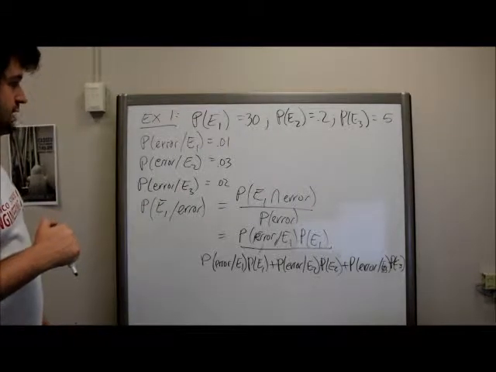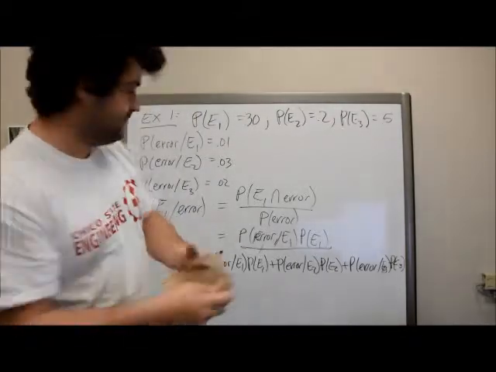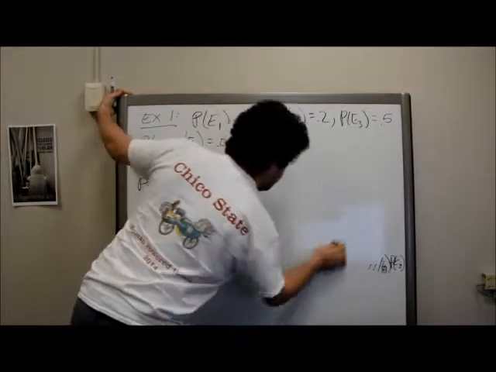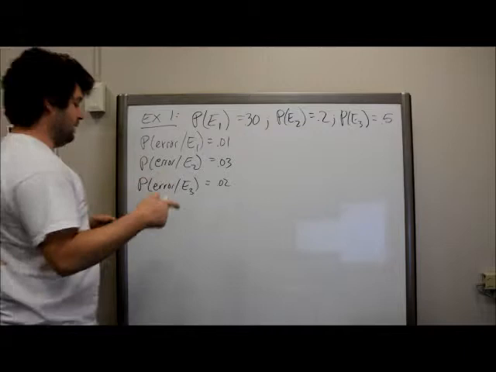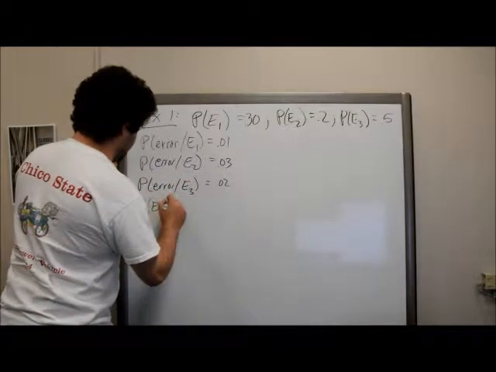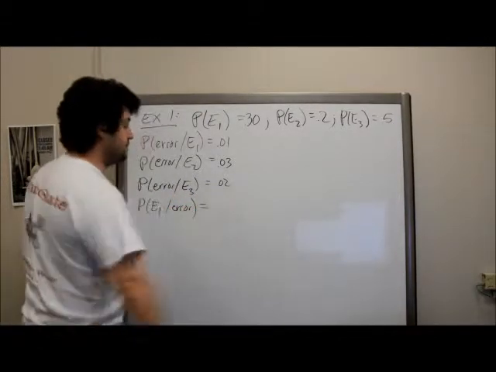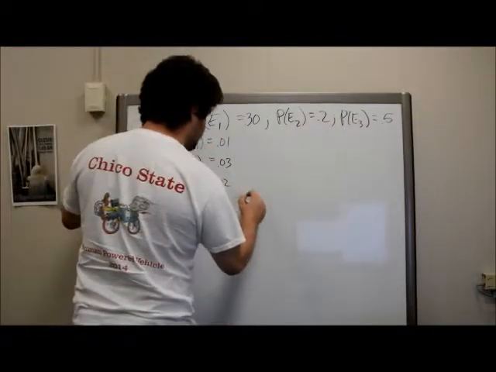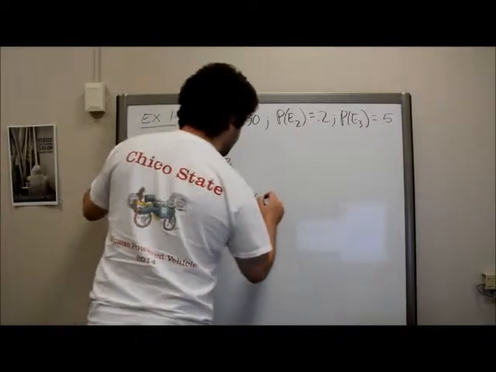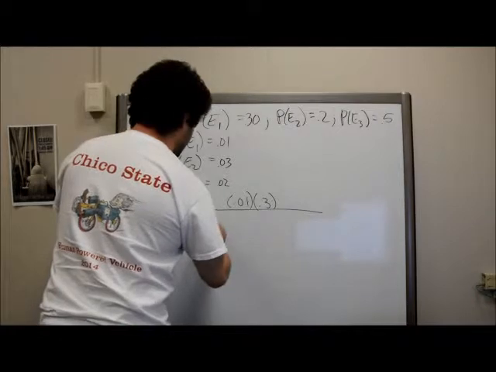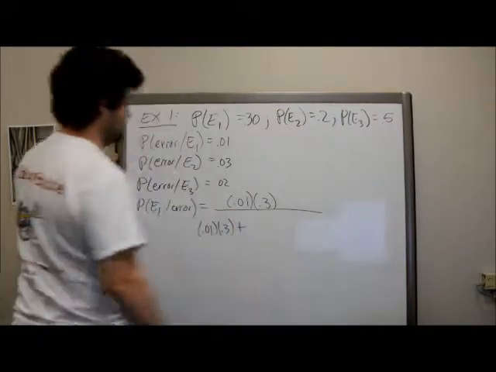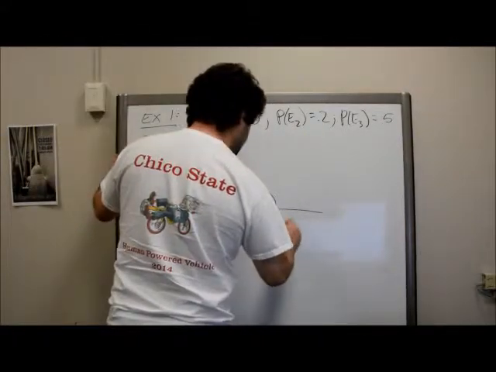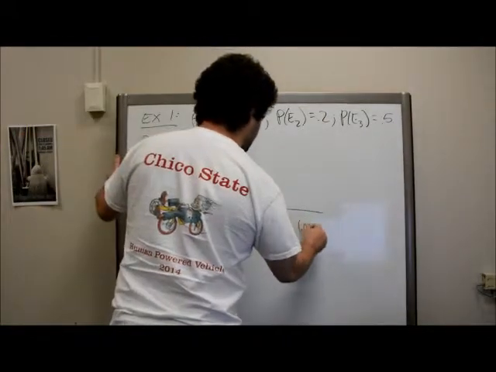Now, plugging in some numbers, we will find that the probability of engineer 1, given there's an error, is equal to 0.01 times 0.3, divided by 0.01 times 0.3 plus 0.03 times 0.2 plus 0.02 times 0.5.